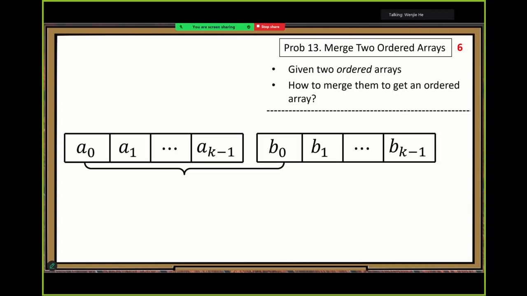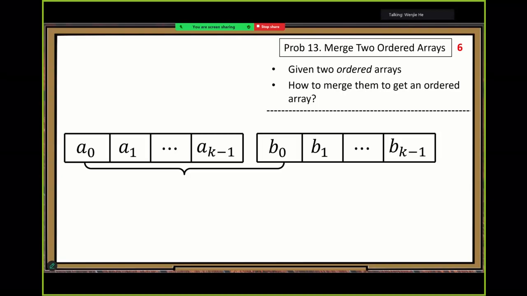So here you can see our first comparison. Let's compare A0 and B0. A0 is the minimum of the first subarray. B0 is the minimum of the second subarray.